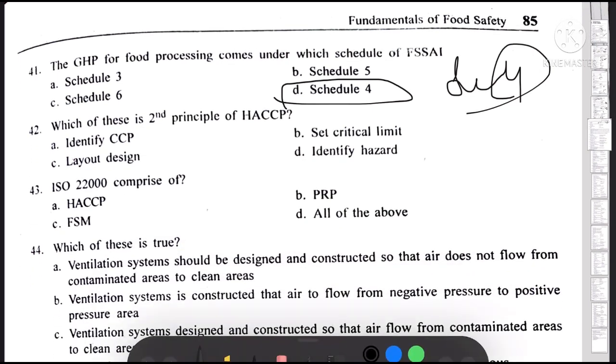I have told you there are 7 principles, in which the first is hazard analysis, the second is critical control point identification, then establishment of critical limits, monitoring procedures, corrective actions, record keeping, and verification procedures. So the second principle of HACCP is to identify critical control points. Answer A.